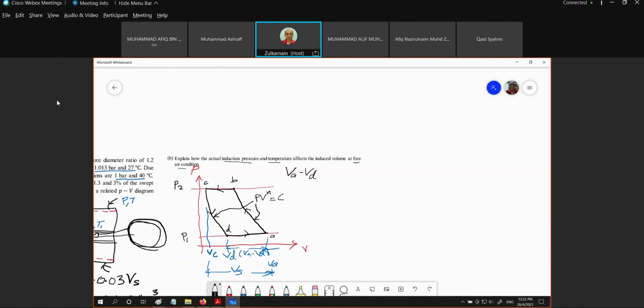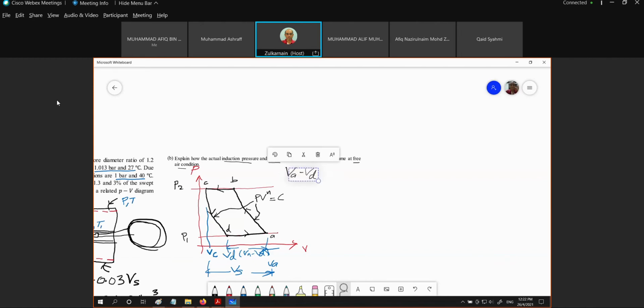So the VA minus VD, let me see. Explain how the actual induction pressure and temperature affects the induced volume at free air condition. Sorry, it's not VA minus VD.